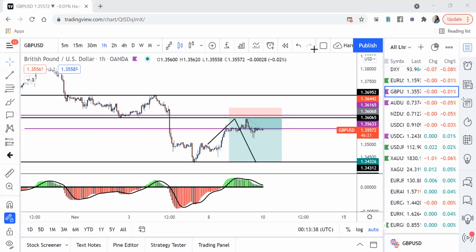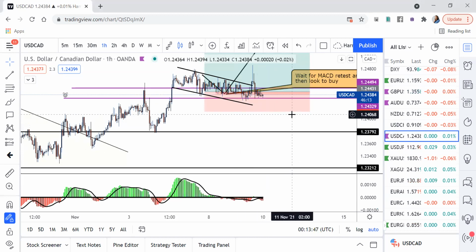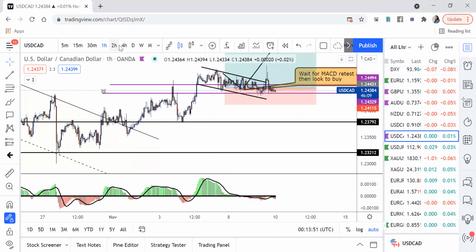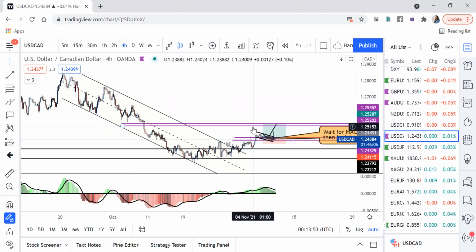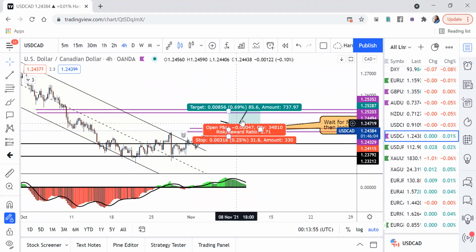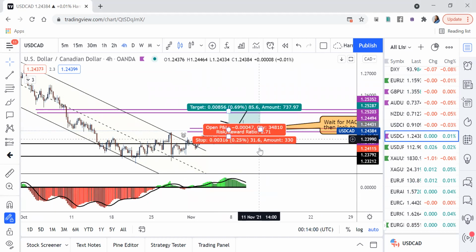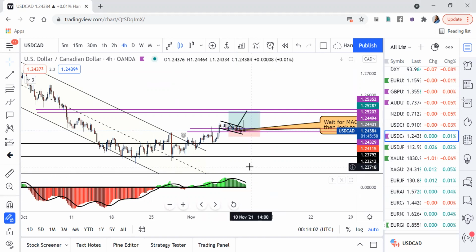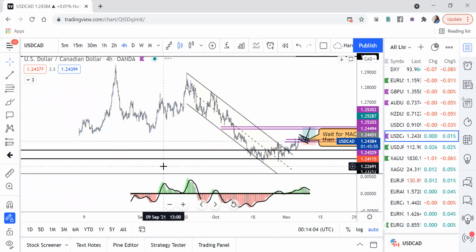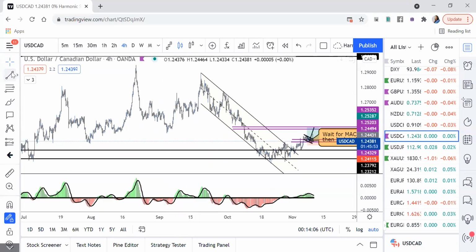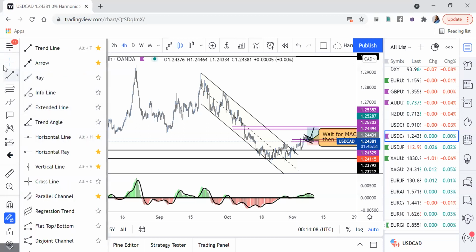All right, so let's start first. The first trade for the week was USD CAD. Like I told you guys, I had USD CAD to come up to this zone, and then I was looking for it to sell off of this zone and drop, because overall this is really a break and retest.